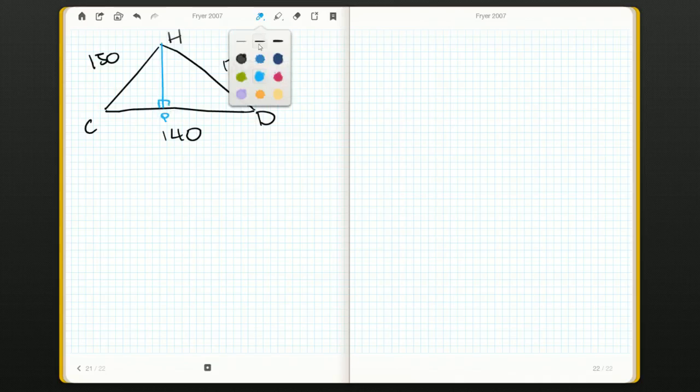So we want to figure out the length HP and then figure out how much rope we've saved. Okay. So let's let this be V. This is going to be 140 minus V. And we get H.